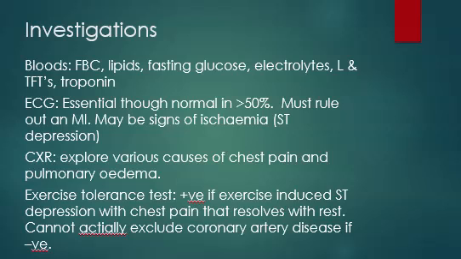Lipids. Cholesterol is one of the main causes of stable angina, because it has the potential to cause atherosclerosis and thereby an obstruction to the coronary arteries. Fasting glucose, to tell if the patient has diabetes or something like that.